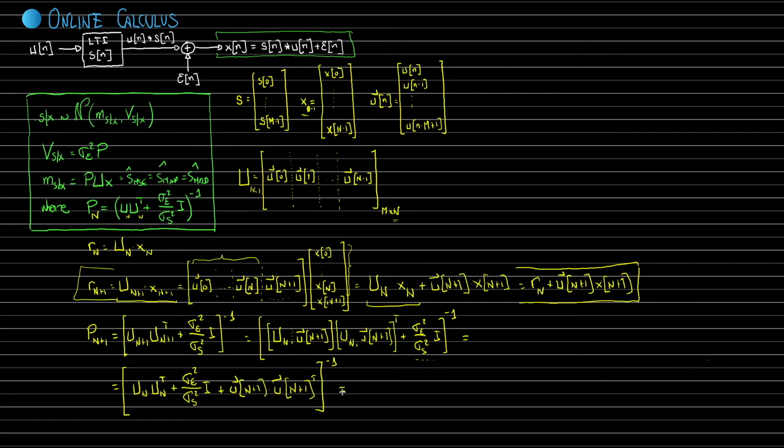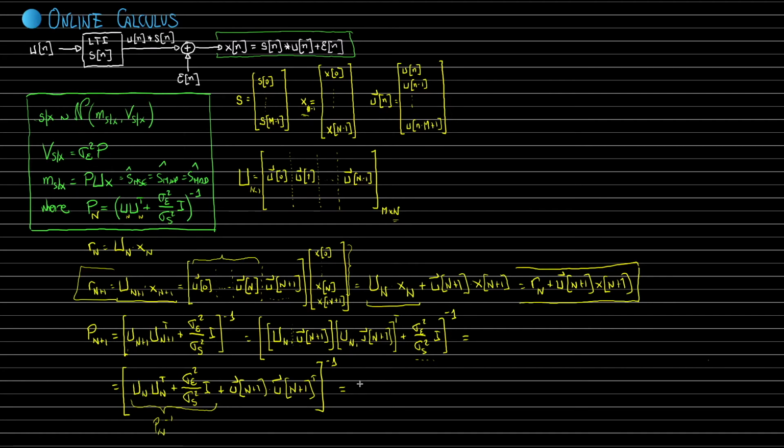Okay. By looking at this expression, we can see that the sum of the first two terms is just the same as we have here. We miss the minus 1, the inversion, so all this term here is just Pn to the minus 1.